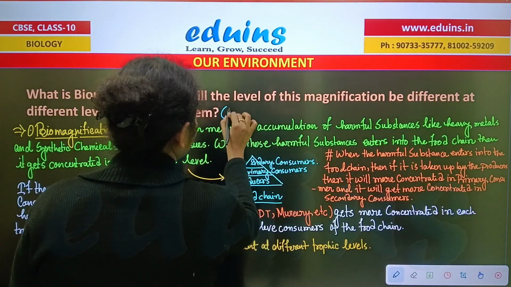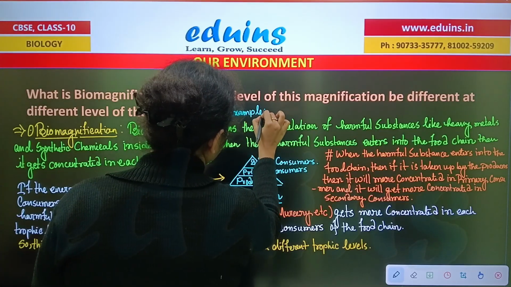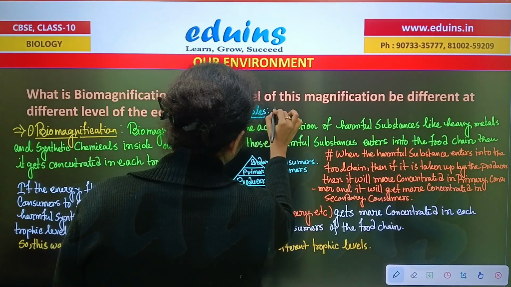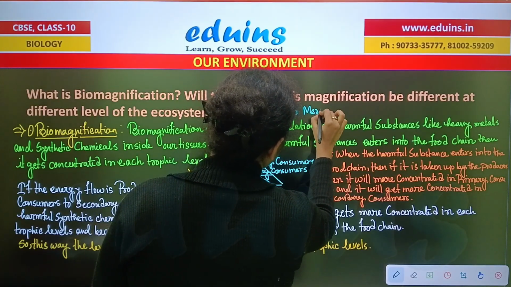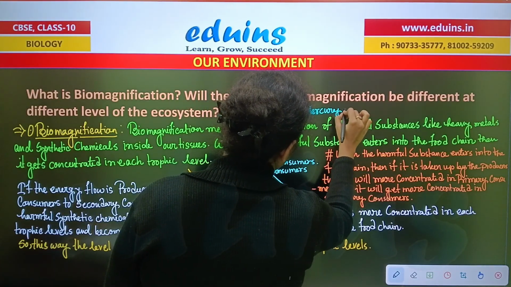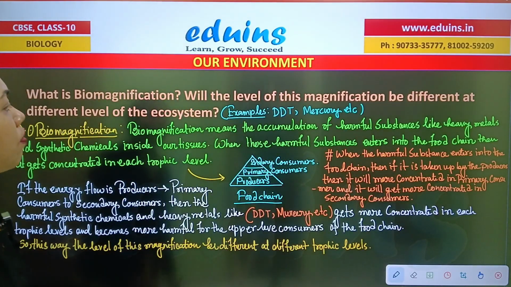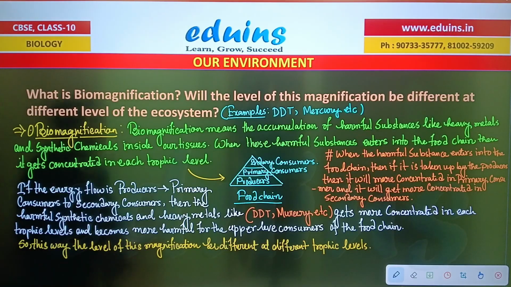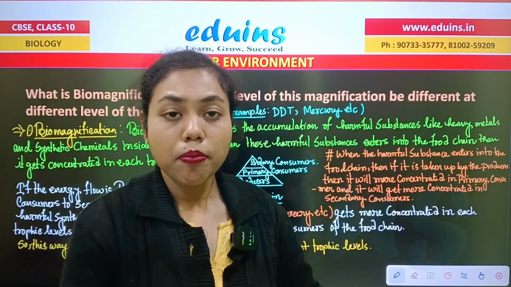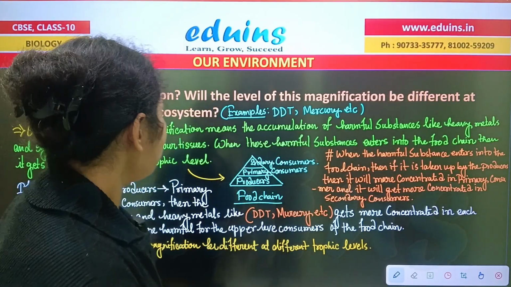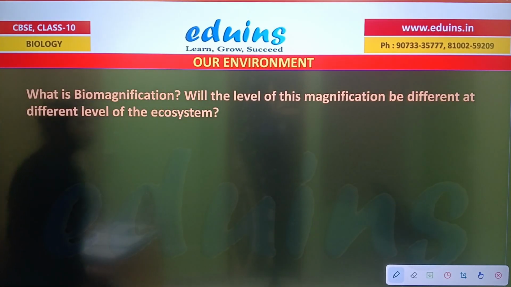Examples are DDT, mercury, etc. Those are the examples of the heavy metals or synthetic chemicals that are responsible for the biomagnification process. Okay, so this is your answer. Let's move to the next question.